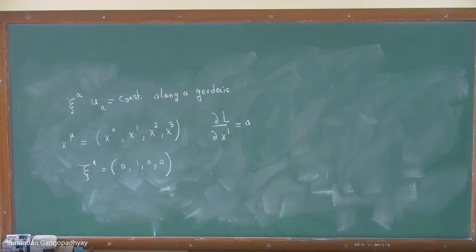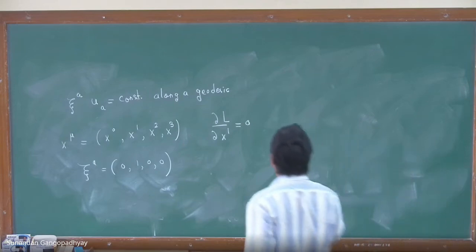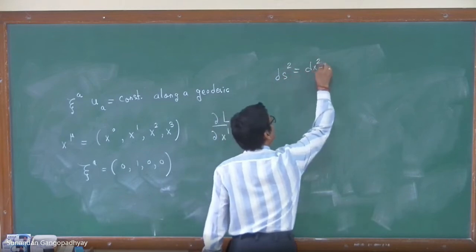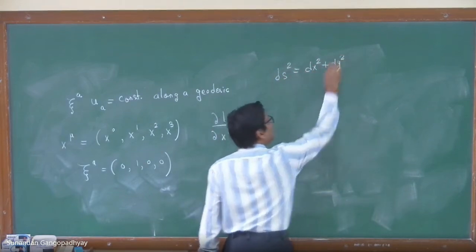And what was the metric there? Very good. The metric was ds squared equals dx squared plus dy squared. It was very simple. The problem that I solved just now has a two-dimensional Euclidean metric.